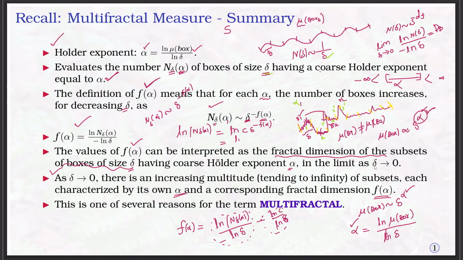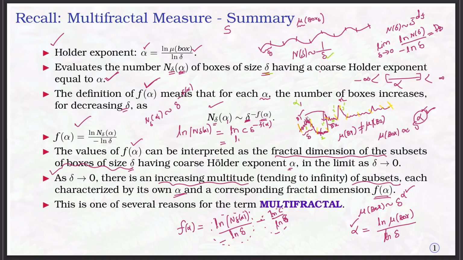Whenever delta tends to 0, the covering comes closer and closer, and obviously the number of covers will increase. So we get an increasing multitude of subsets, each characterized by its own alpha, because for each box we define the measure, and based on the measure we define the alpha exponent.